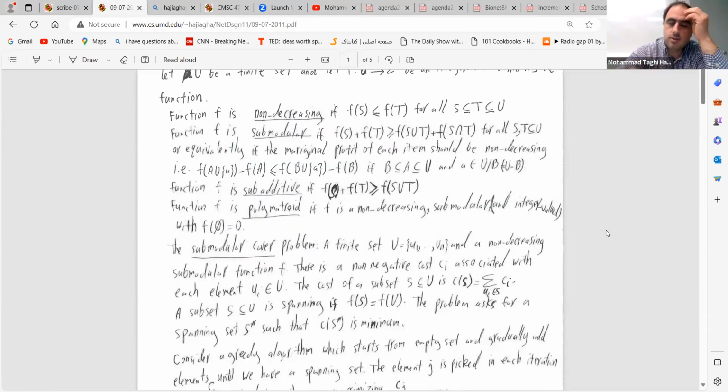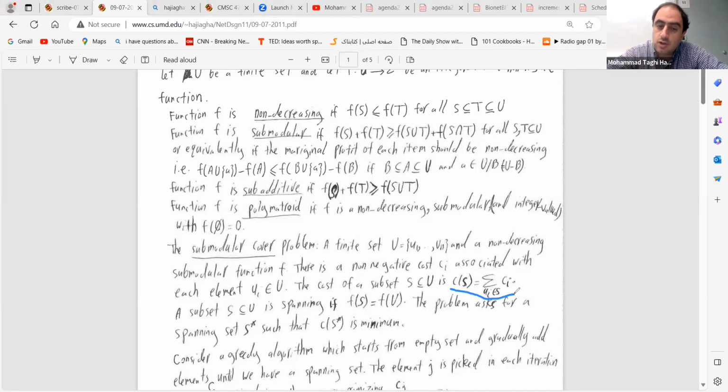So for a finite set U and this non-decreasing submodular function, there is a non-negative cost c_i associated with each element of U, and the cost of a subset S would be just the sum of the costs of the elements. That's a typical thing that we are asking.